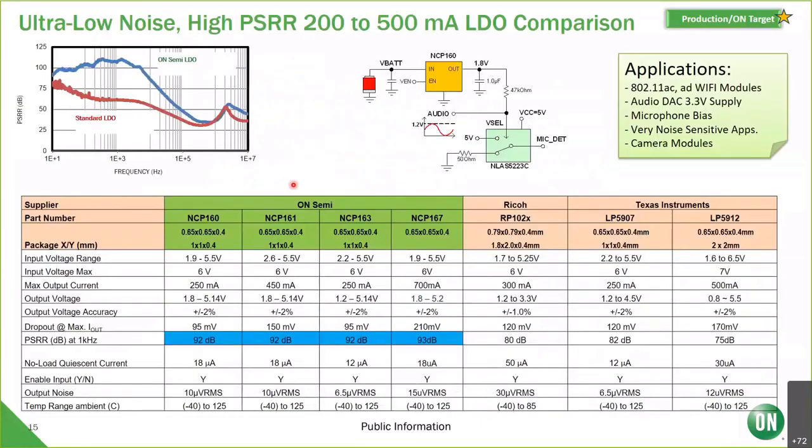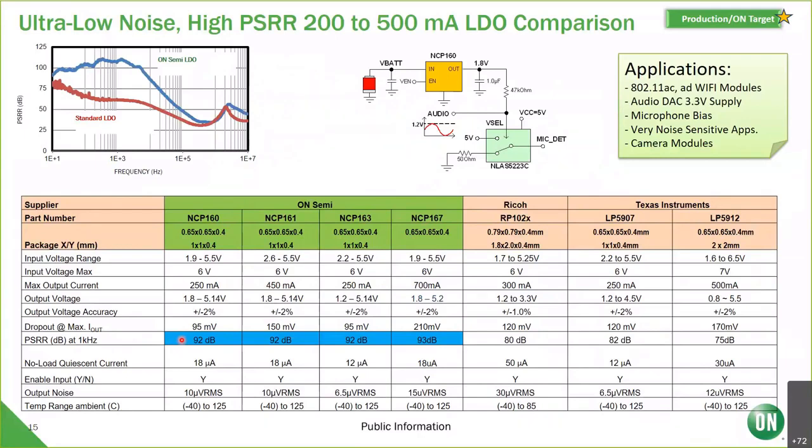And I want to quickly introduce On Semiconductor's NCP160 series, the 60, 61, 63, and 67, each having different current capabilities depicted in this row here for the output current. But I want to really highlight the blue section here, and that is the power supply rejection ratio, which at 1 kilohertz is well over 90 dB.